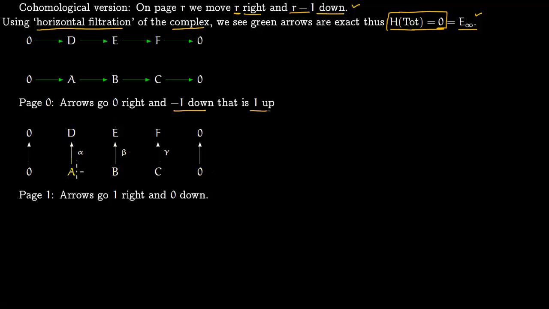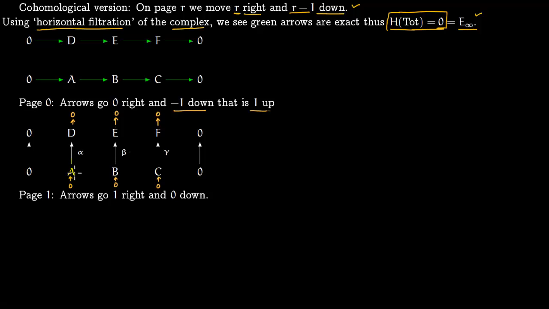These maps are already given to us as alpha, beta and gamma. Now we want to compute the cohomology at each and every non-zero module. You know that 0 is going in here and 0 is coming out here. Similarly, 0 is coming out of here and 0 is going in here, because on the page everywhere else you just have 0 modules.